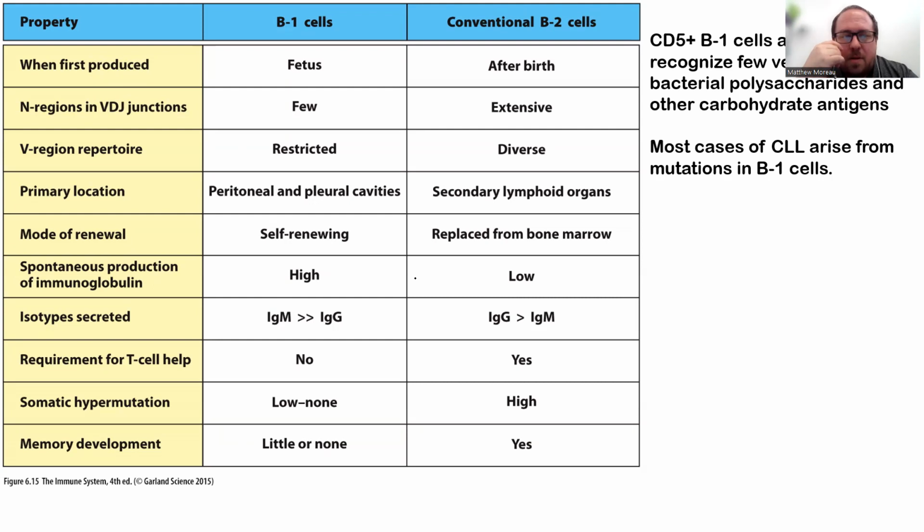So other types of B cell diseases can arise from B cells. Again, there are different kinds of B cells basically as you develop. As a fetus, when you're in mother's womb, you develop B1 cells.